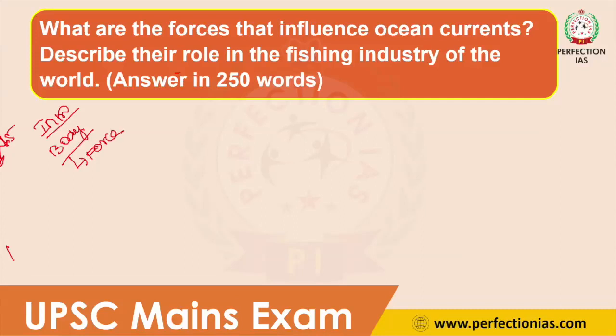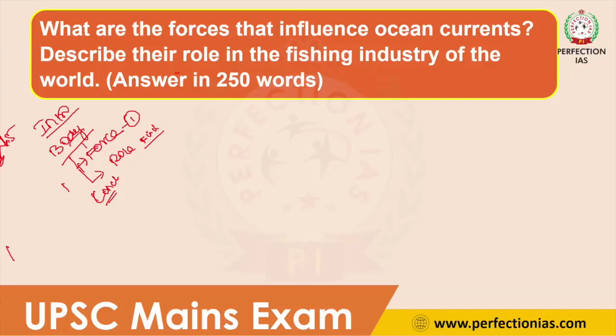You have to mention 6 to 7 forces that influence ocean currents. In the second part, you have to write about the role of ocean currents in fishing industries, that is, how ocean currents affect the fishing industries. You can write both positive as well as negative roles. Then lastly, the conclusion, where you can write 1 or 2 lines about the significance of ocean currents.